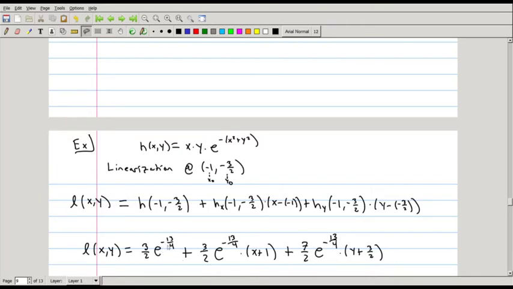That's where this value is coming from. This value is coming from our previous calculation, which showed the x partial derivative at -1, -3/2 is also 3/2 e to the -13/4. And then lastly, we found that the y partial derivative at this point is 7/2 e to the -13/4. This is going to be times y minus -3/2, y minus y naught, which is y plus 3/2.